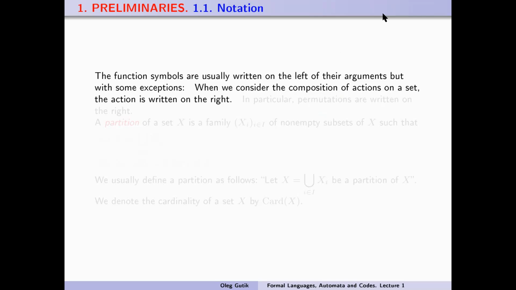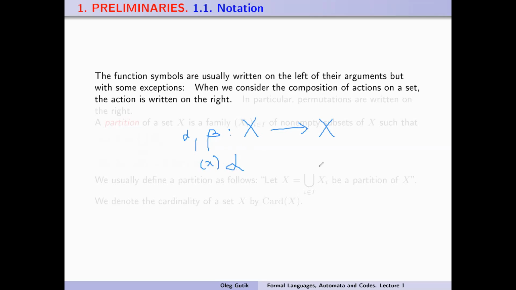So in our case, if we have two actions alpha and beta from the set X to X, we shall write the image of element x from X by alpha as x alpha, and then the action of beta.